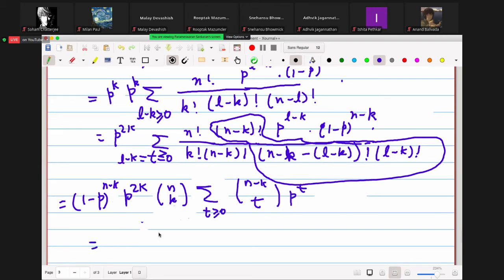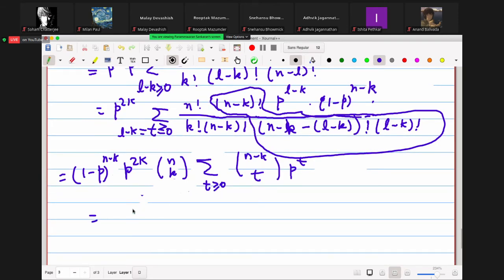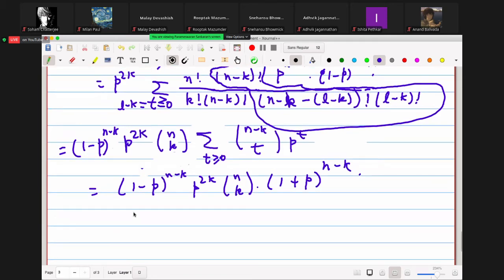And this is equal to, so 1 minus p power whatever I have, I write it p power n minus k. And here p power 2k, n choose k. And this one, you see, this is just 1 plus p power n minus k. And these club together to give n choose k, p power 2k, 1 minus p square power n minus k.